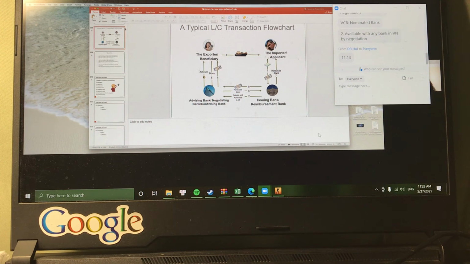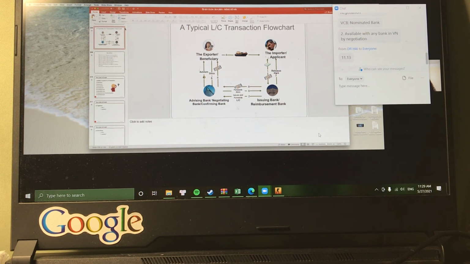Number 6, look at the flow chart. Number 6, from nominated bank to issuing bank. Okay, so very easy. So step 6 was the nominated bank transferring the documents to the issuing bank. You can say transfer, or you can say forward the documents to the issuing bank.